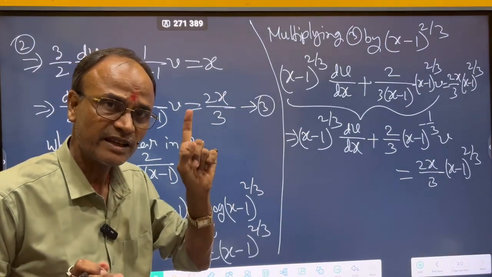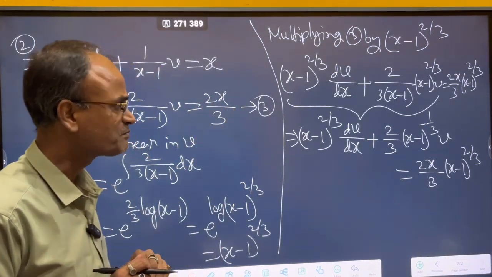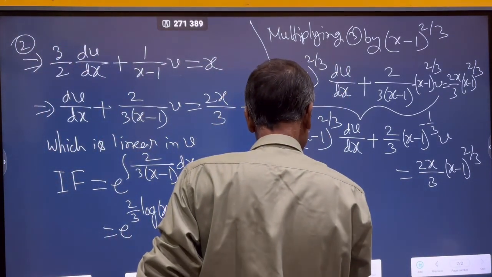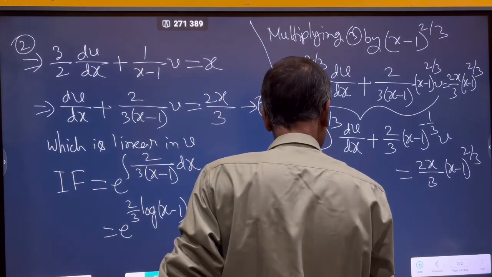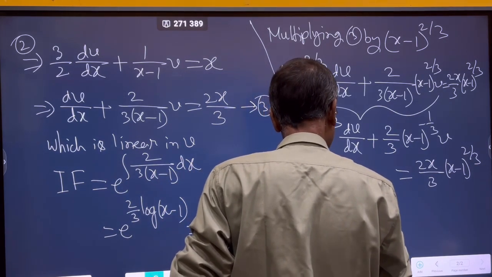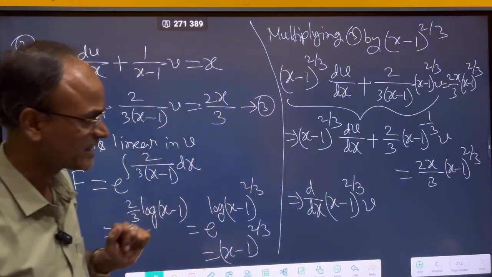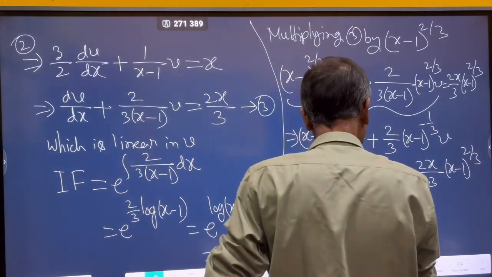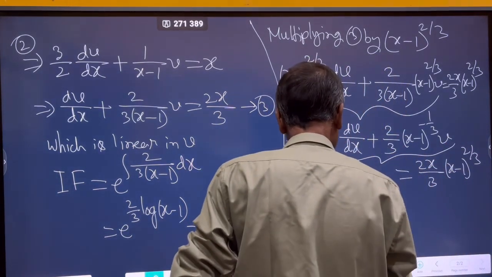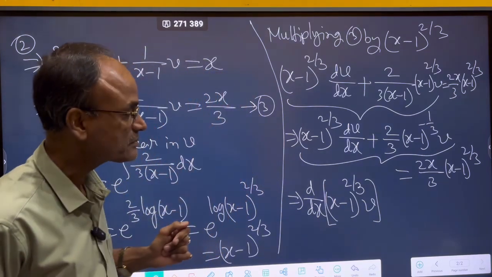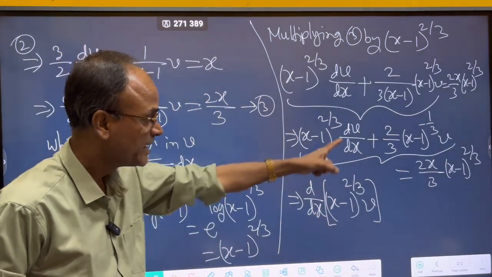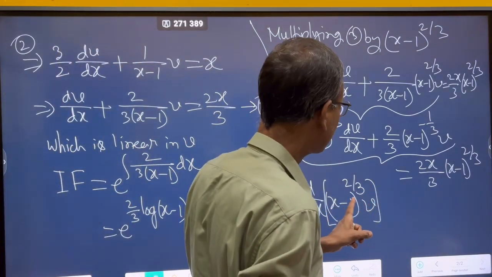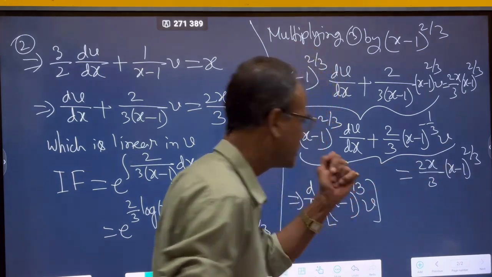Now you see the left hand side of the differential equation can be written as d dx of x minus 1 whole to the power 2 by 3 into v, because combined, these two terms can be written as this: first function into differentiation of the second function plus second function v into differentiation of the first function.